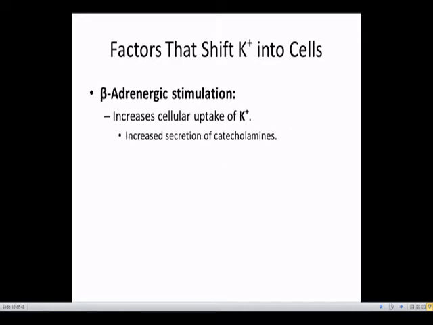Beta adrenergic stimulation also increases cellular uptake of potassium. Therefore, increased secretion of catecholamines causes movement of potassium from the extracellular fluid to the intracellular fluid by activation of beta adrenergic receptors.